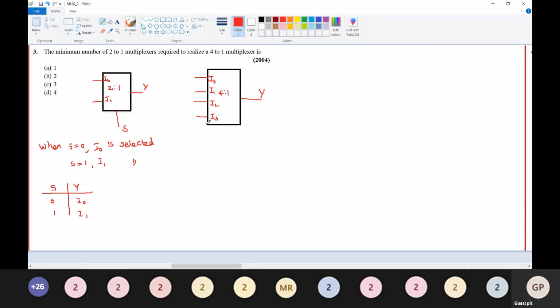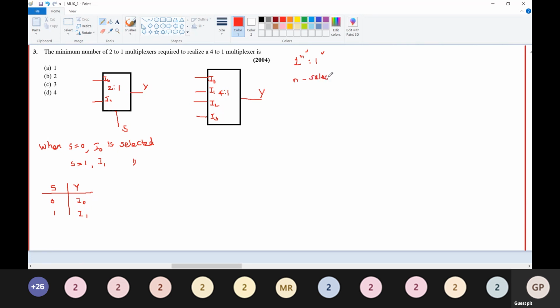How many selection lines will you have? Normally a multiplexer is 2 power n to 1, where this is the input and this is the output, and n will be the number of selection lines.